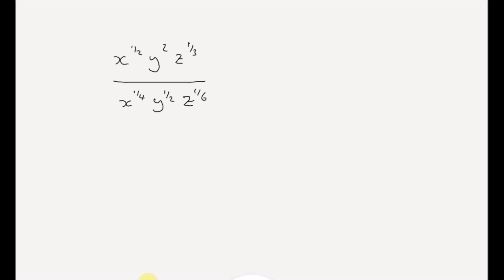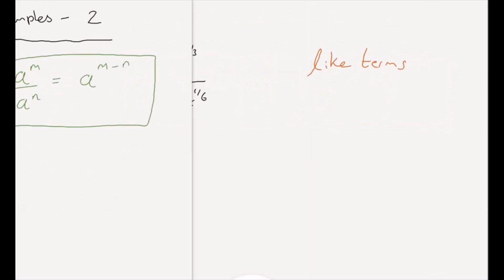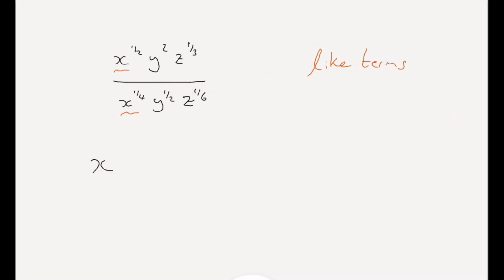Okay, if you're back or not, let's have a go. Let's look for the like terms. What are the like terms? I'll put a squiggle under the first set for you. There they are, they're the x's. Let's go back and remind ourselves of the formula. There it is. If you're dividing, then you subtract the powers. So what are the powers?